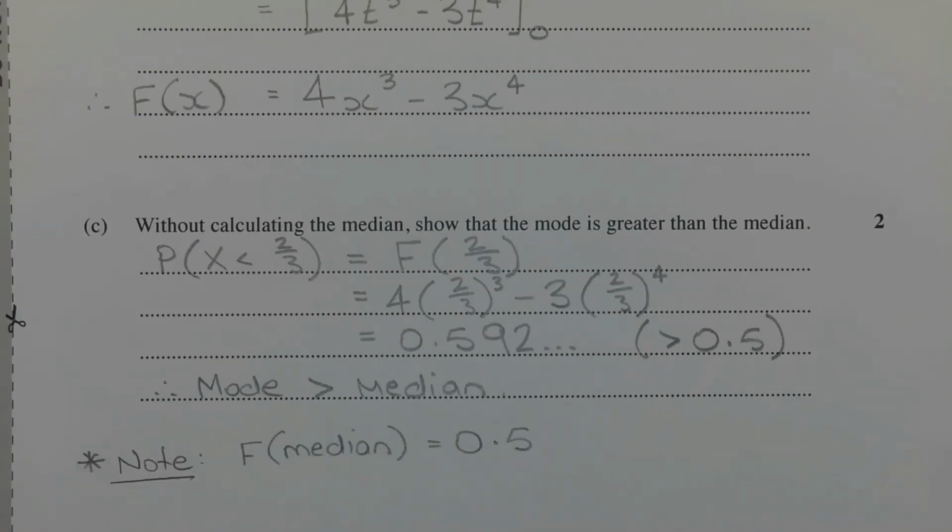But rather than repeating the integration, we can use the cumulative distribution function from part B to make this process a little easier. So the probability that the random variable x is less than 2 over 3, in other words from 0 to 2 over 3, is given by capital F of 2 over 3.